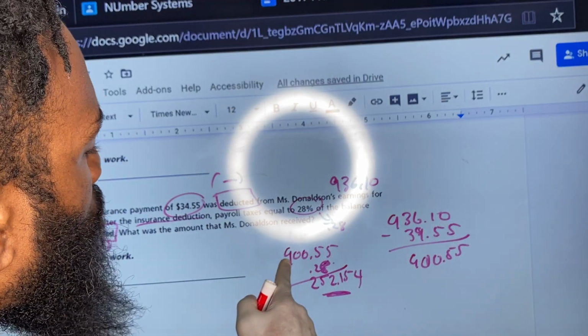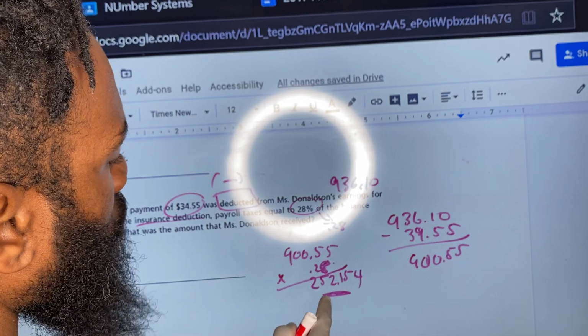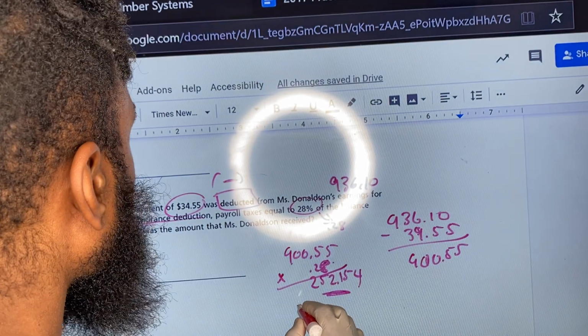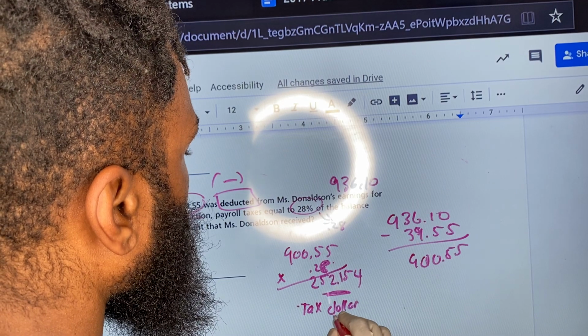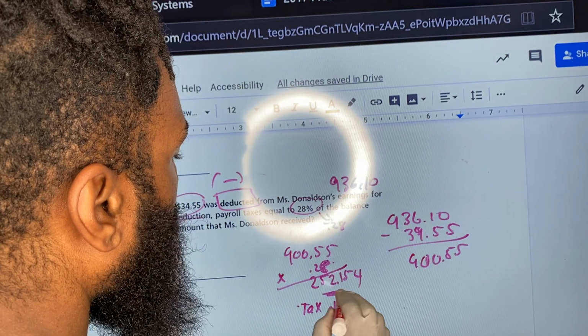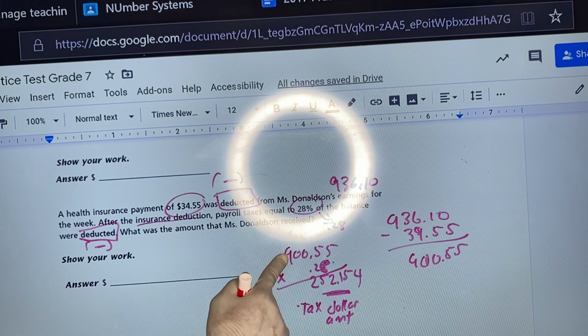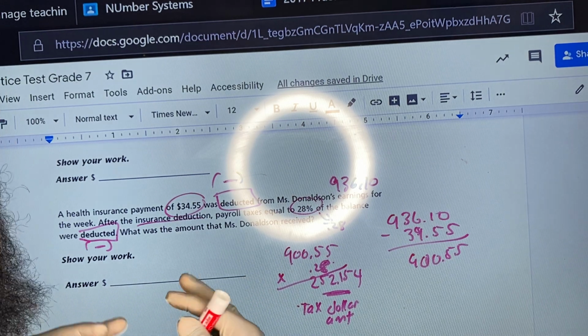We have to find out what 28% of that is, which is this. This represents the taxes, the tax dollar amount. Now we take the tax dollar amount and then deduct it from this amount to find out what she will bring home.